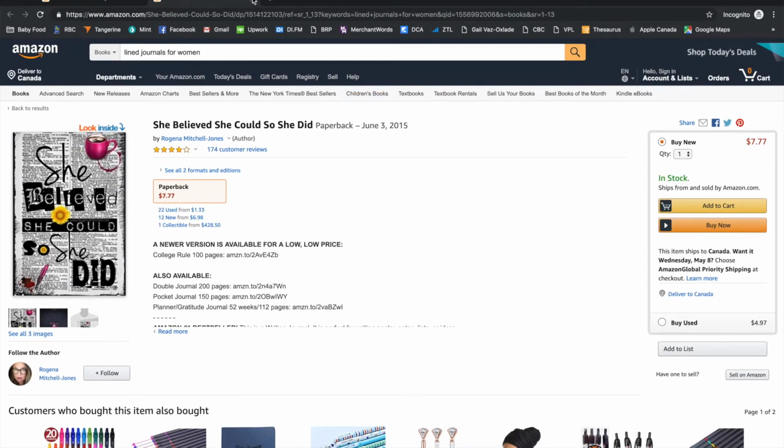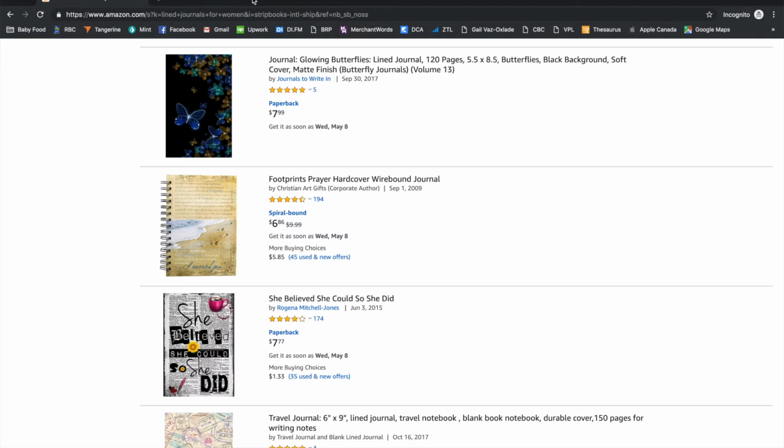So in general, the books on the first page here, they're selling. We're not seeing any amazing sales here, except for that one at 5,000. That's pretty decent. But most of them are making at least a few sales a month.